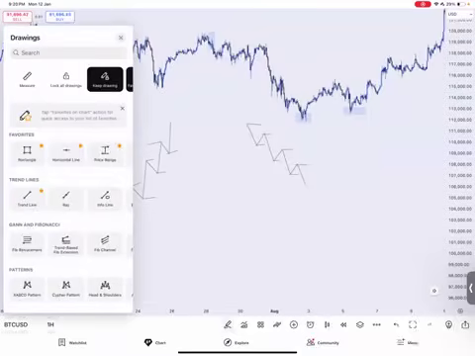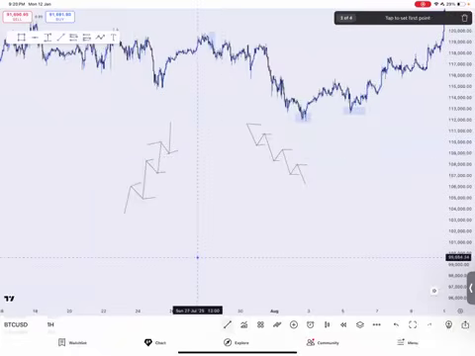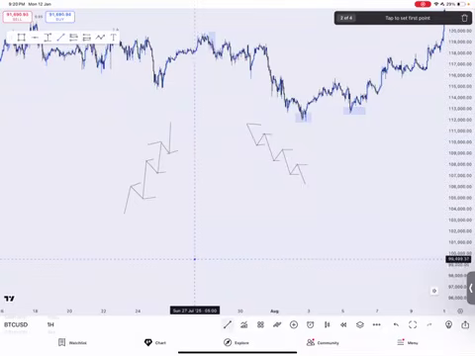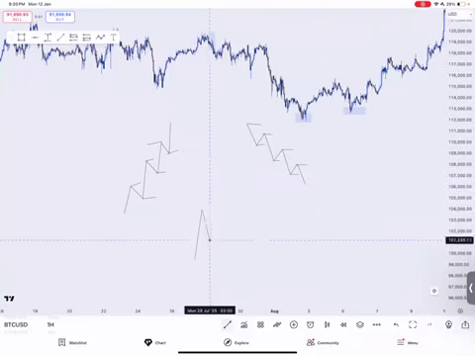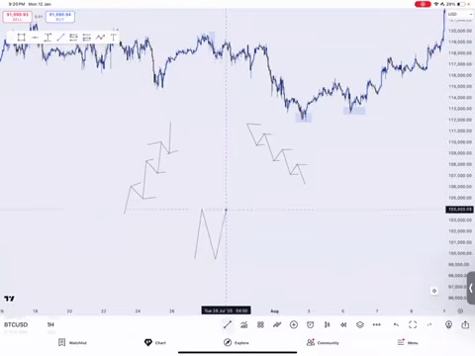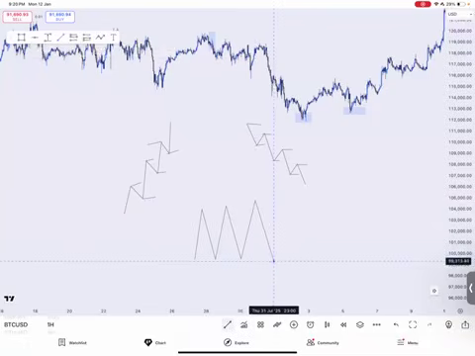Then under the ranging side, we have what you call a consolidation or a ranging market. It's basically when price is not trending up and is not trending down. It's ranging, moving from your support level to your resistance level, to support, to resistance, to support. This is what you call a ranging market.